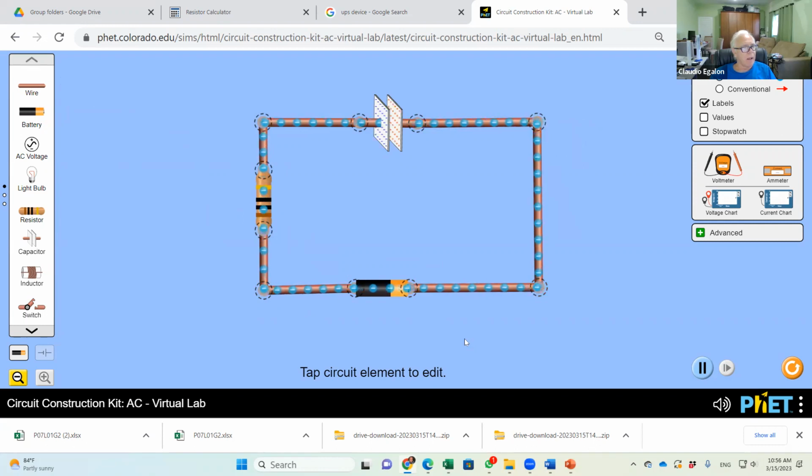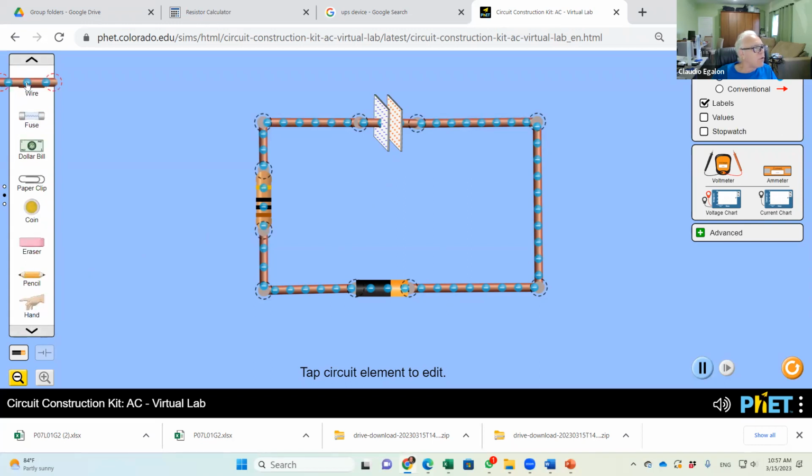Okay, now look what happens in this type of circuit, right? I will have to tab. Circuit element added. Unfortunately, what happened to this capacitor? It charged rather quickly.